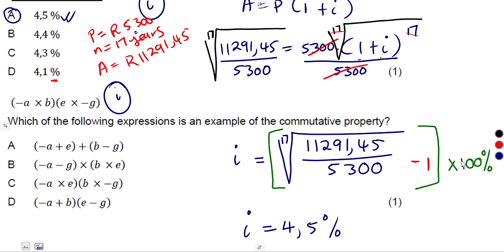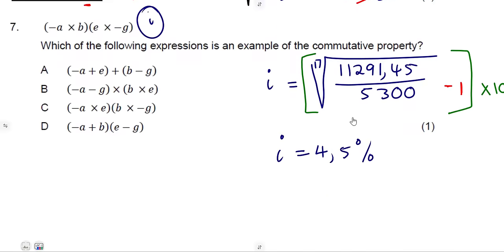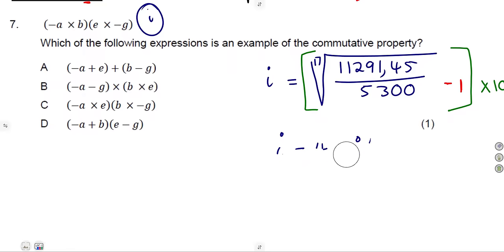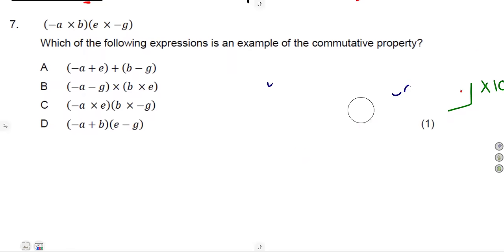All right, then number 7, let's consider question number 7. On this question, we are given a product. Then from that product, we are asked which of the following expressions is an example of the commutative property.